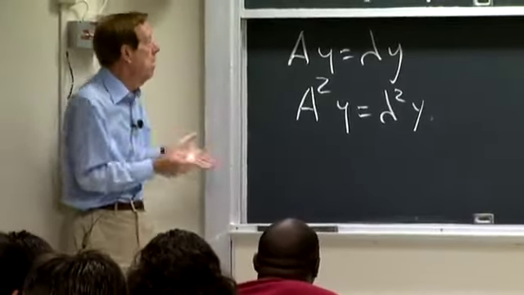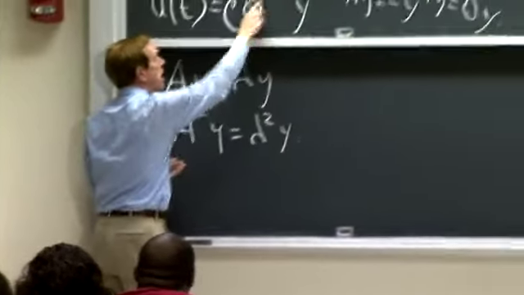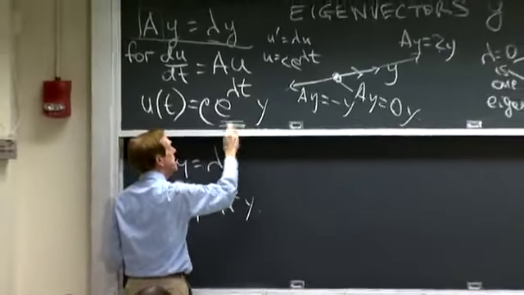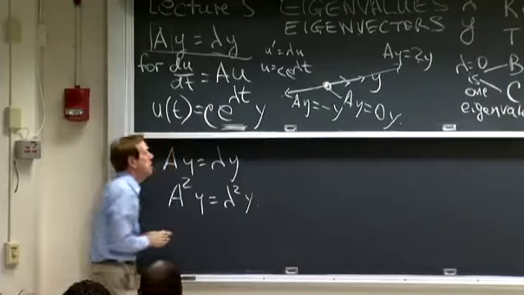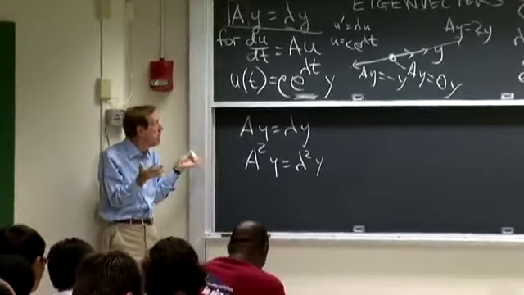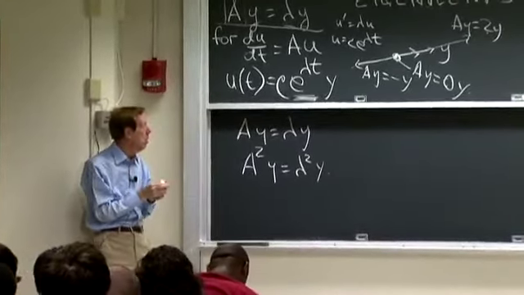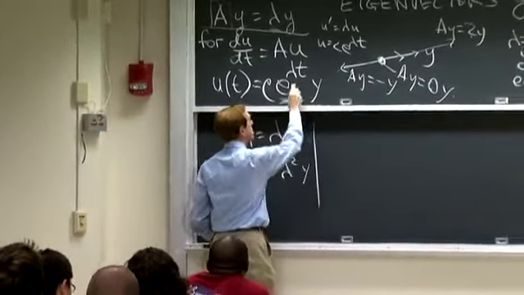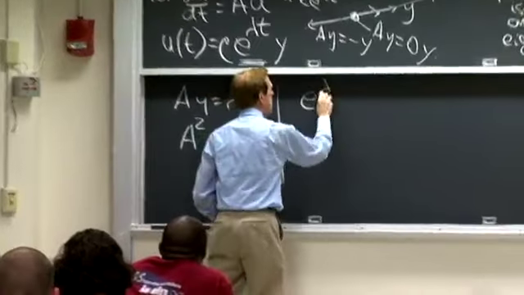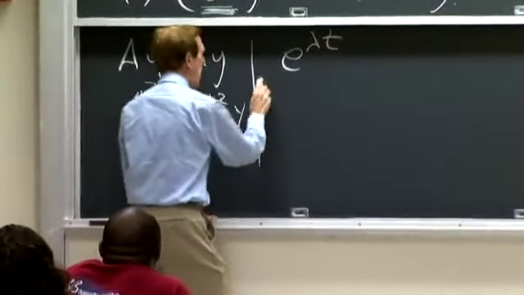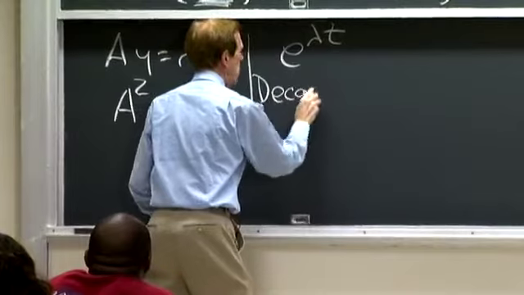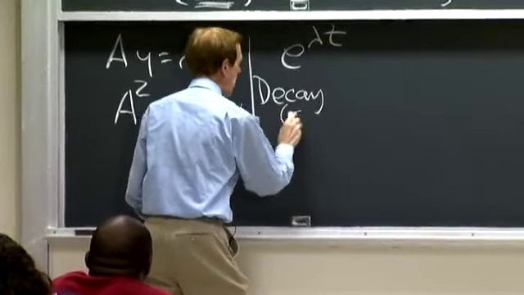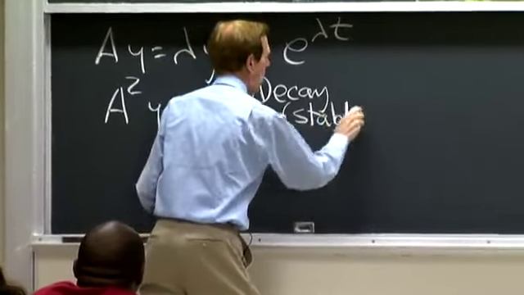Okay, and by the way, since this is the thing that's changing in time, let's look at e to the lambda t and see. When would I have decay, which you might want to call stability, a stable problem?